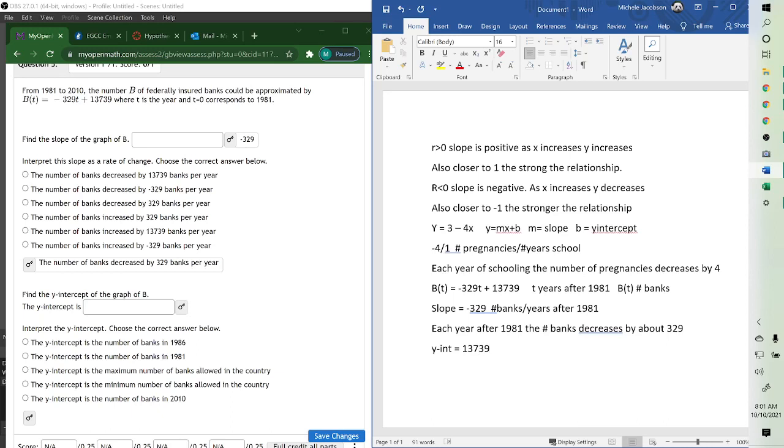The y-intercept is when x is 0. Well, when x is 0, that's 0 years, so that's 1981. That's telling us the starting amount. It gives you a fixed value or the starting amount.